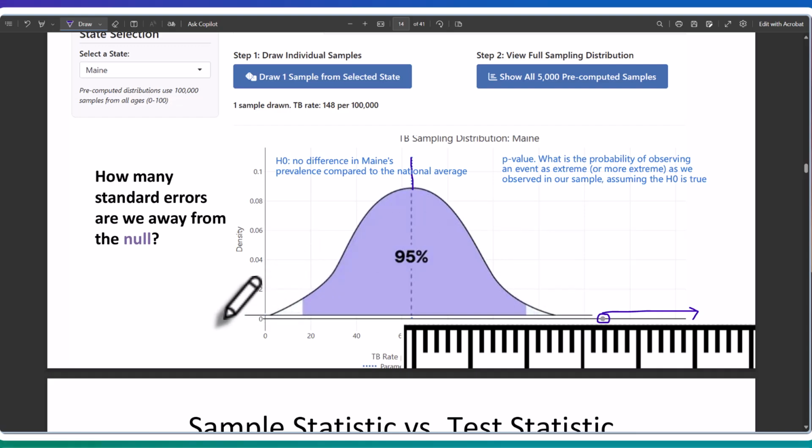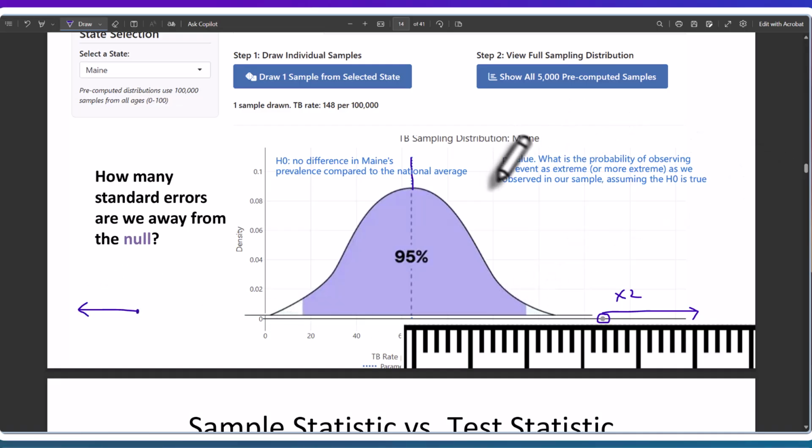And we actually do it both ways. So in order to calculate a p-value, we would take that area and multiply it by 2. What that is doing is saying, well, it could be extreme from the right side, or it could be as extreme from the left side as well.